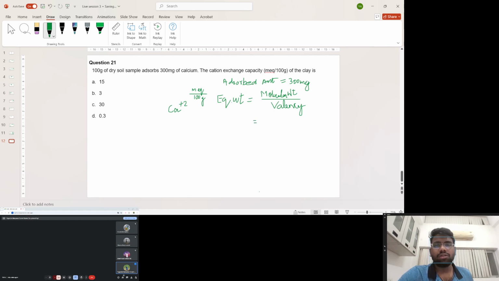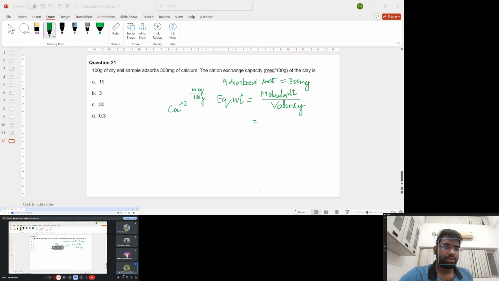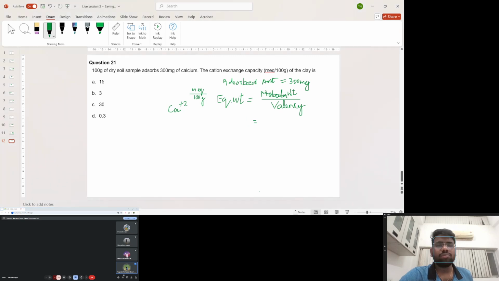Now, what is the atomic weight of calcium? Or molecular weight, there can be molecules also. The molecular weight of calcium is 40 grams, and valency is +2. So the equivalent weight is 20 grams.